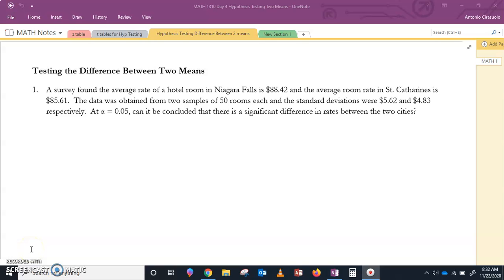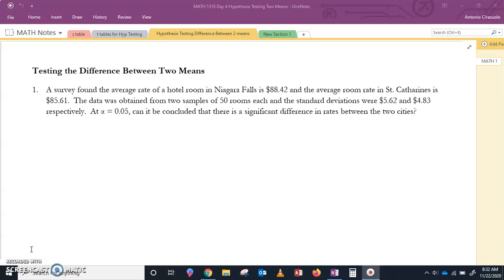It says the survey found the average rate of a hotel room in Niagara Falls is $88.42, and the average room rate in St. Catharines is $85.61. The data was obtained from two samples of 50 rooms each, and the standard deviations were $5.62 and $4.83 respectively.